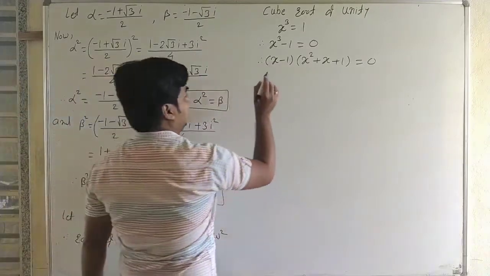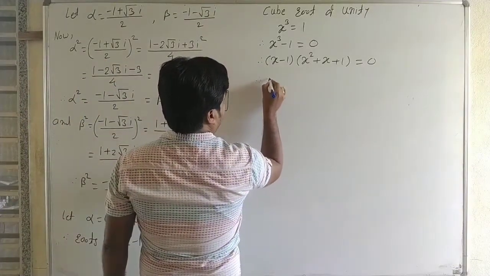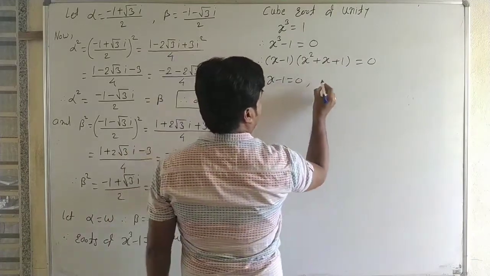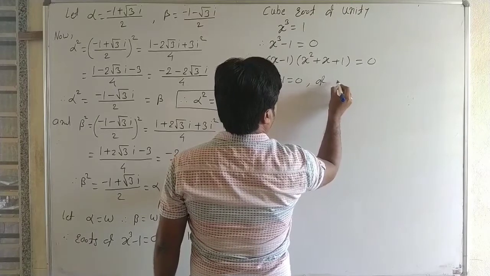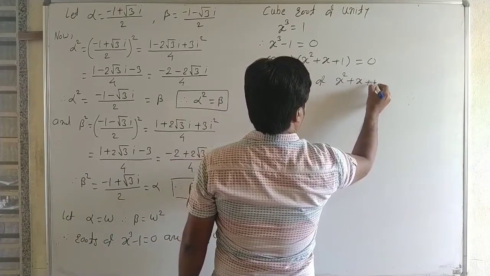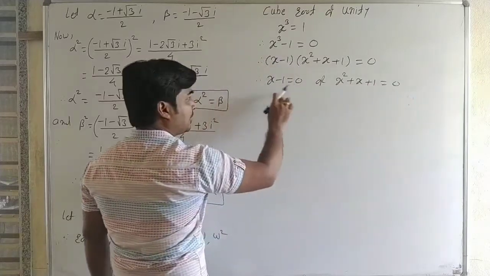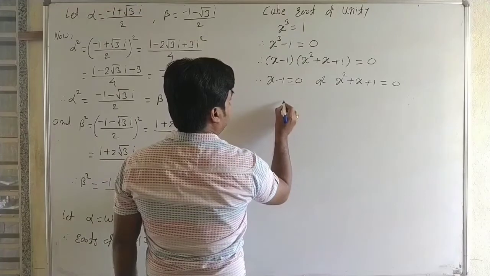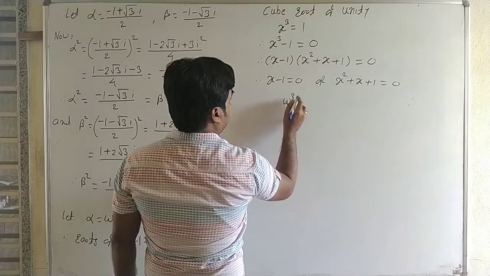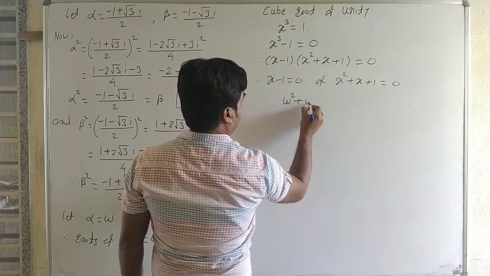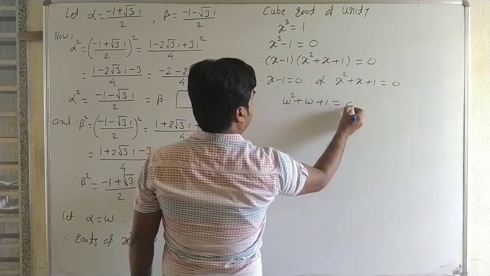Therefore we get x minus 1 equal to 0 or x square plus x plus 1 equal to 0. Therefore omega satisfies this relation, so we can write omega square plus omega plus 1 is equal to 0.